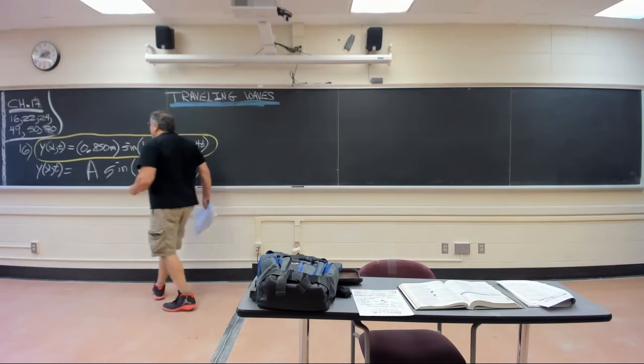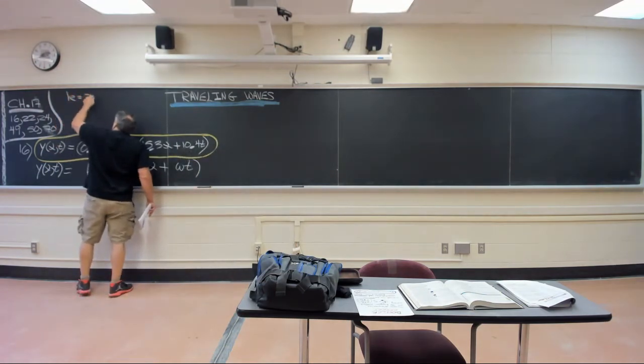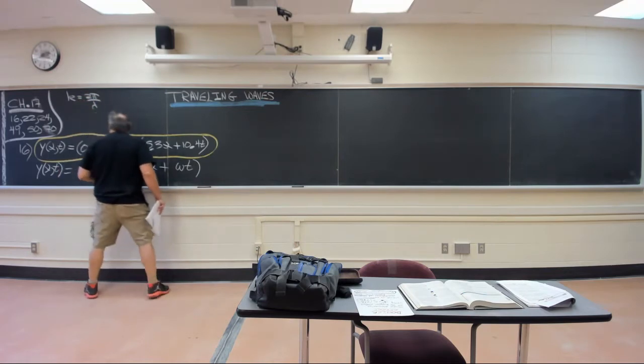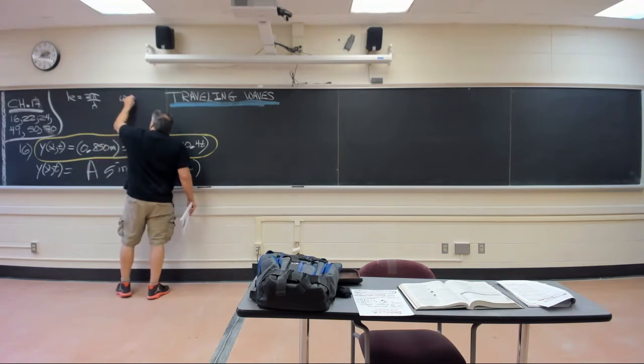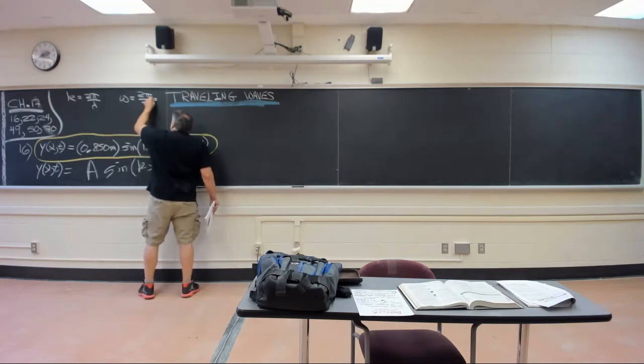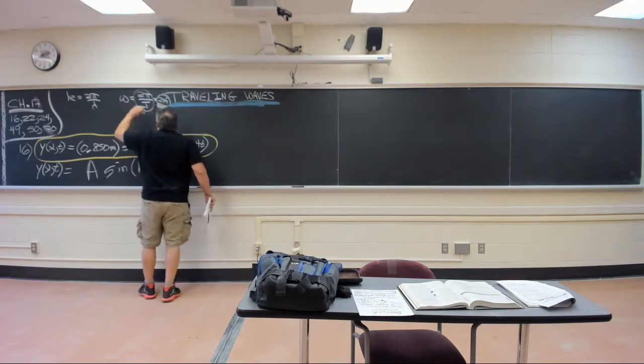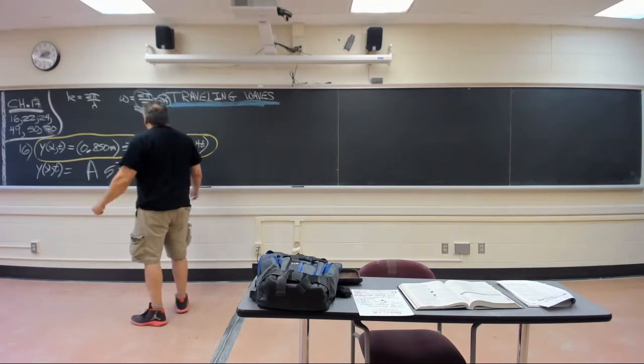Now hold on. Isn't k equal to 2 pi over lambda? Yes. Isn't omega equal to 2 pi over the period, which is the same as 2 pi f? So either one works there.